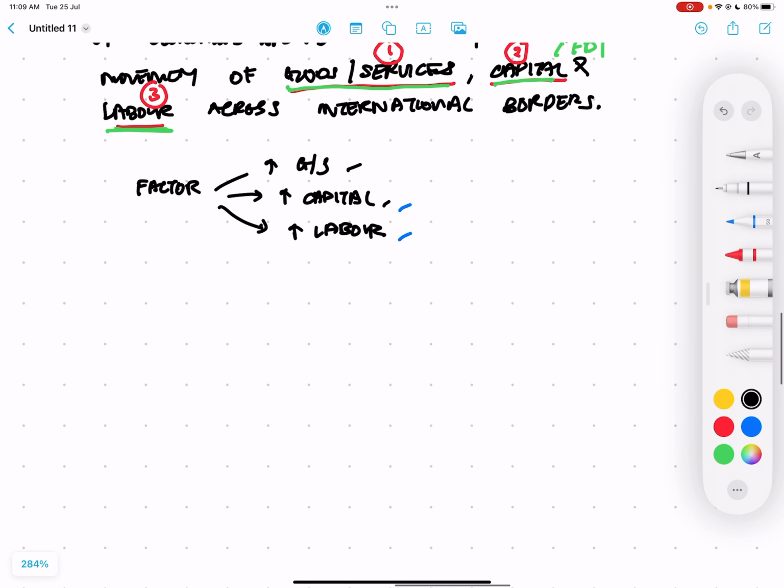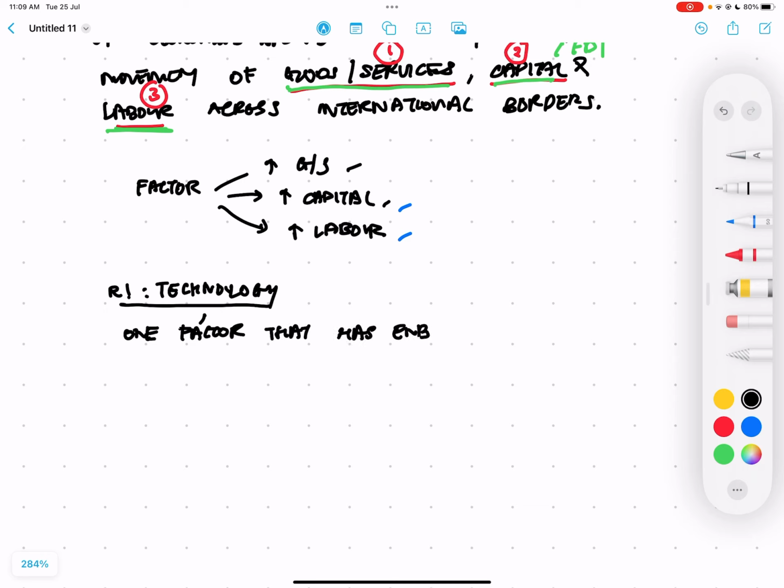Let's start on the first one. I'm going to say that one factor that affects globalization is the state of technology. So for R1, I'm going to use technology. One factor that has enabled globalization is improved technology.